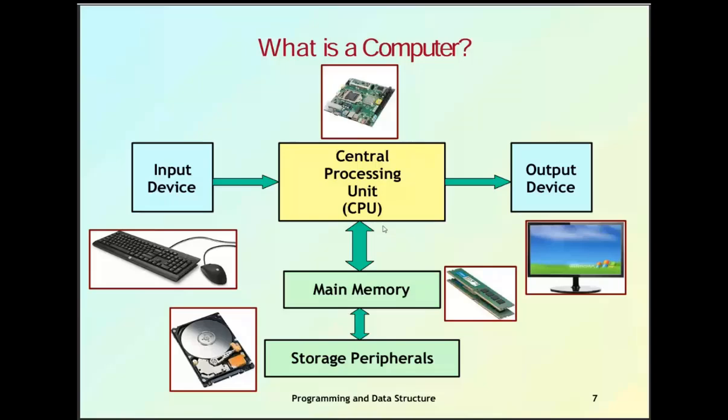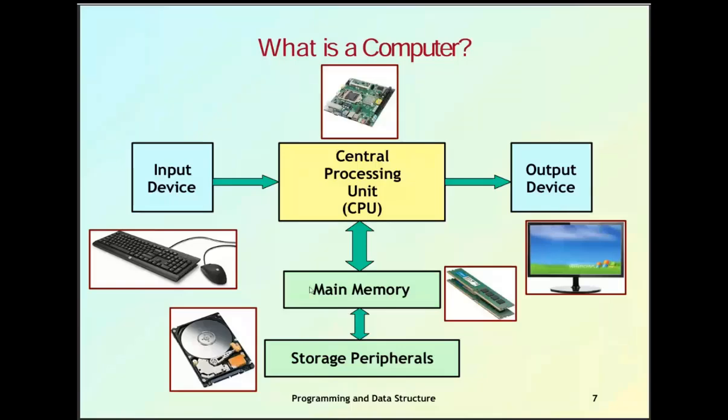So, in order to store that result or intermediate result, we need the memory. And if the result has to be displayed on the output device so that the user can view these results, for that purpose we use the output devices. The most common output device is your monitor, where all sort of display is made for computers.